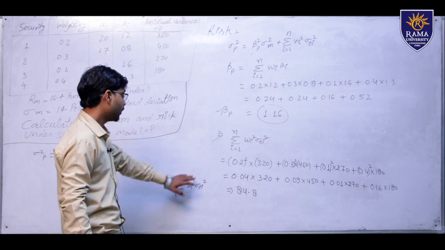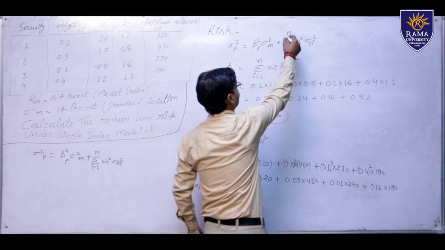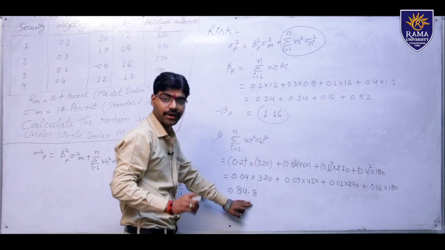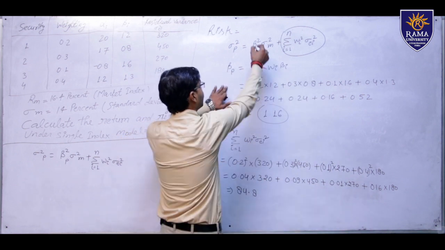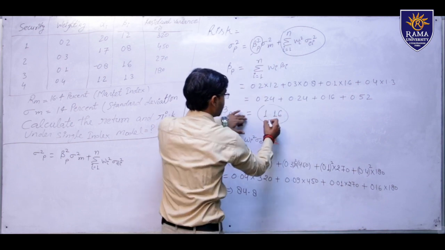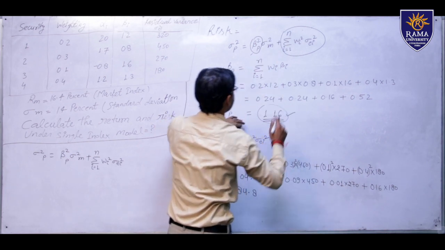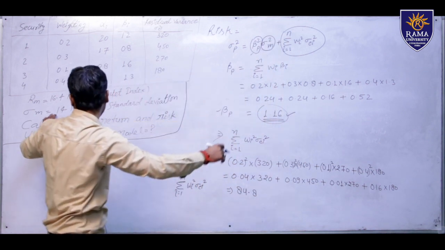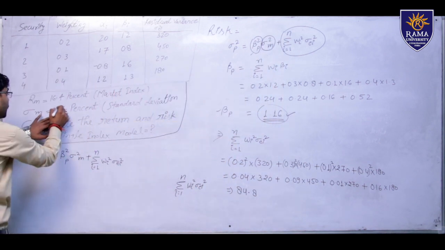So the value of these terms in the formula is 84.8, the value of beta portfolio is 1.16, and the standard deviation of market is 14.